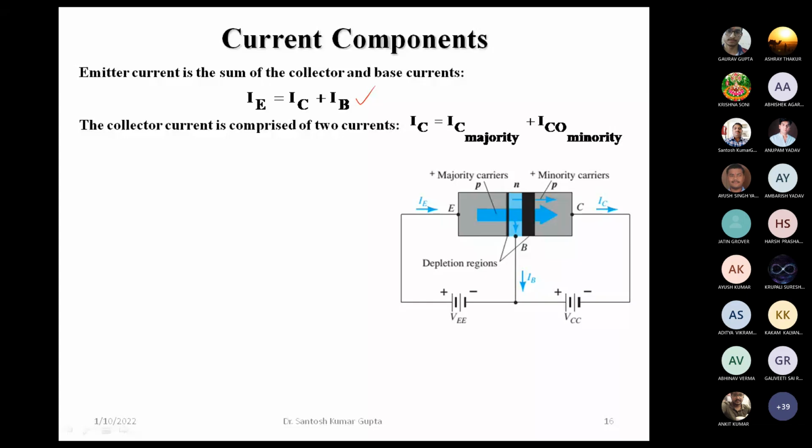The collector current comprises two current components, as we have just seen. One we can call the majority current component, and another is due to the minority current component. The majority component, we have seen, is proportional to IE, and the other is proportional to the reverse biased collector junction.